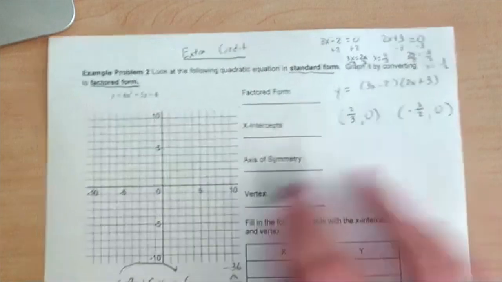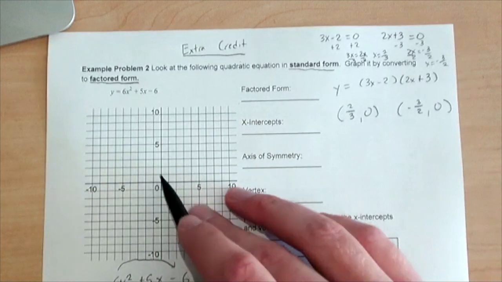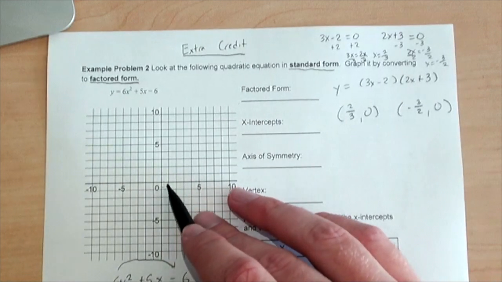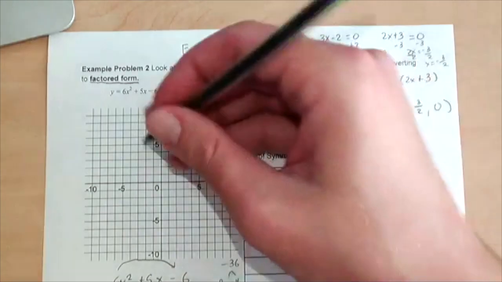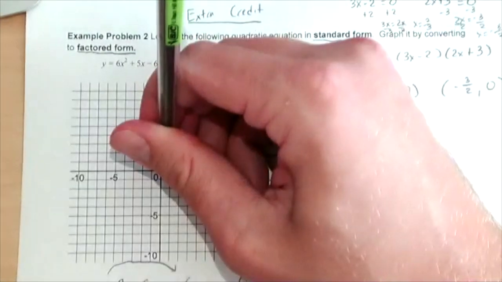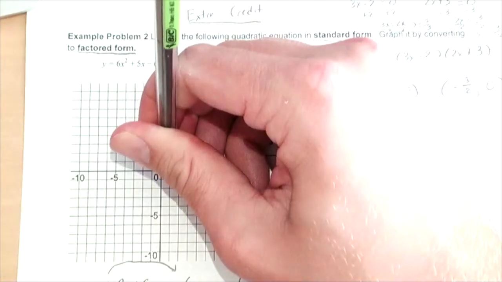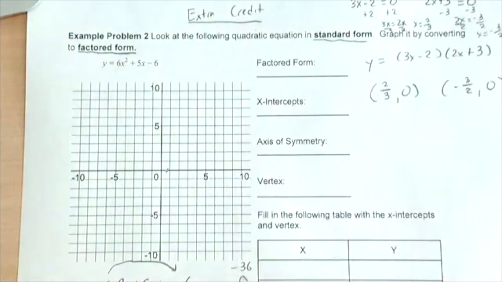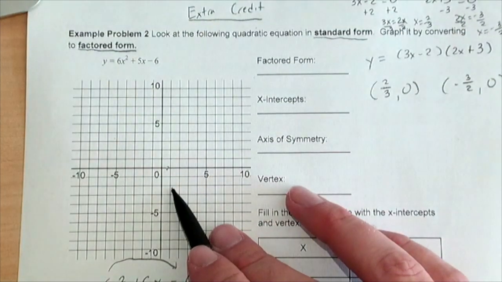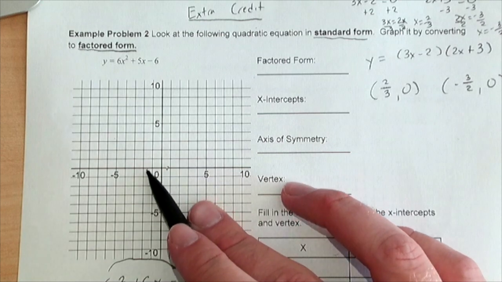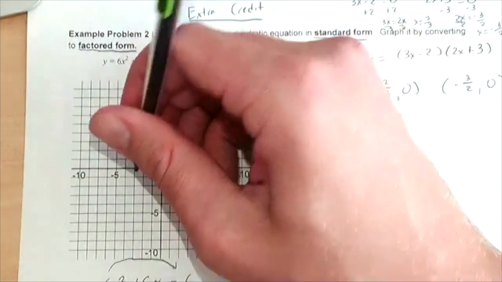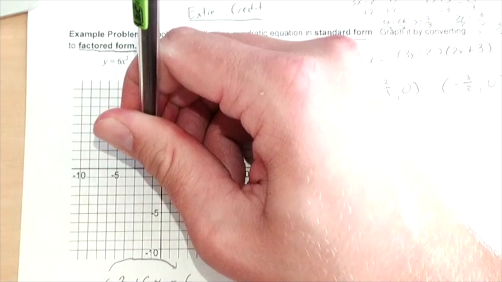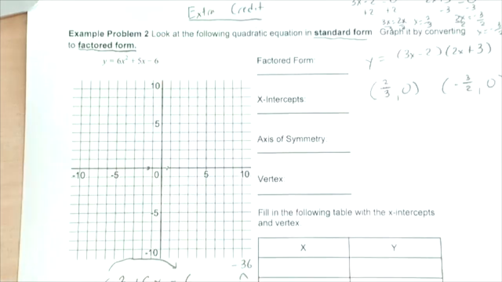Just because they're fractions doesn't mean we couldn't graph it immediately, right? 2/3 comma 0 isn't all the way to 1, and I'm going to zoom in reluctantly. But it's going to be like there. -3/2 is the same thing as -1.5. So the second one is here.